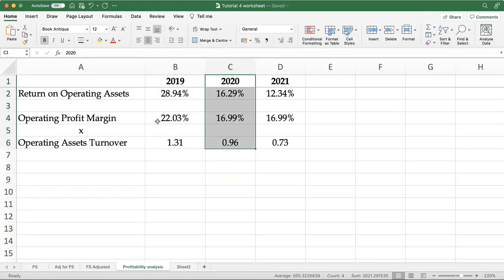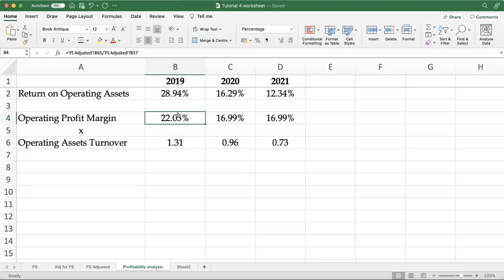Operating profit margin declined from 22% to 17%. Assets turnover declined from 1.31 to 0.96. The decline in operating profit margin and assets turnover resulted in a decline in return on operating assets.